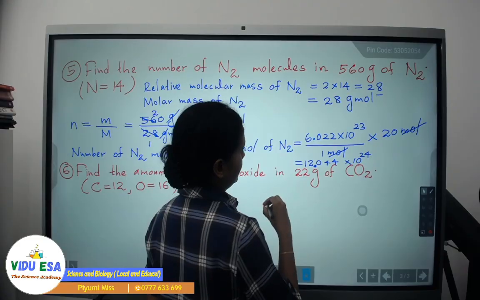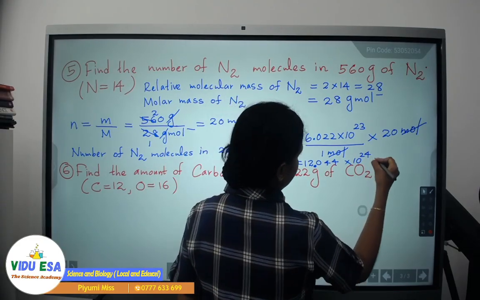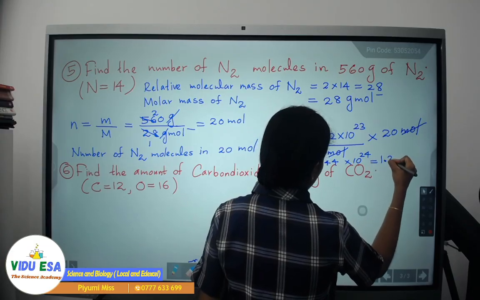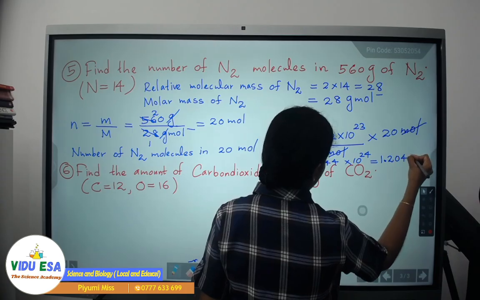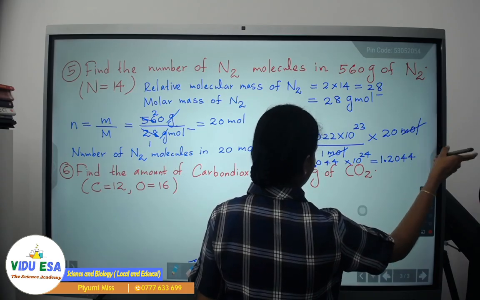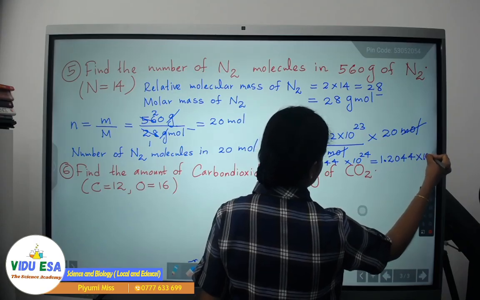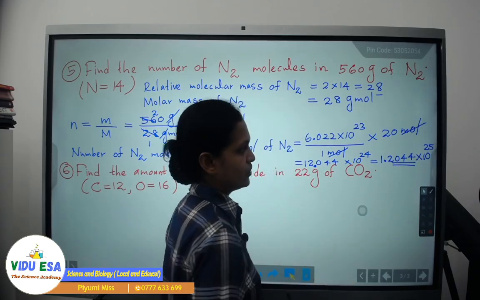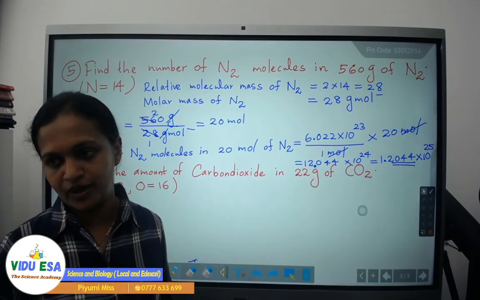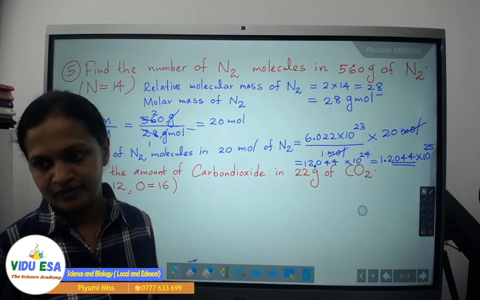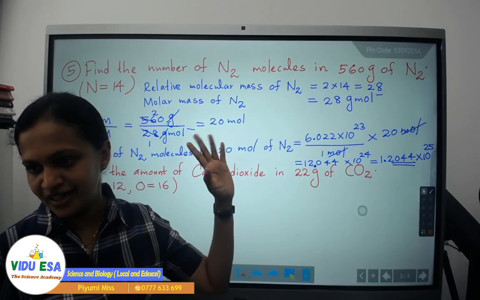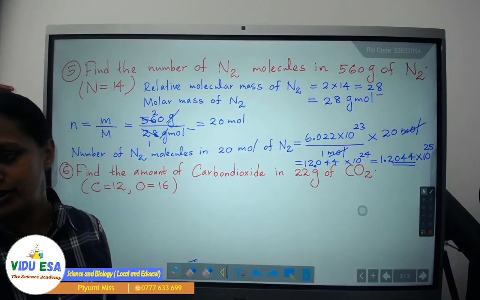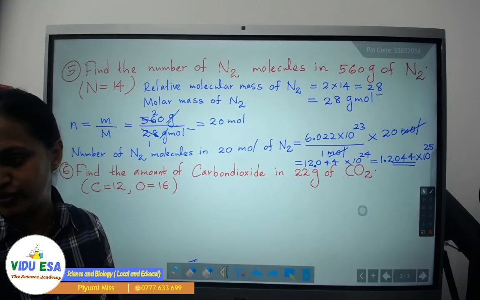Then I can rewrite this as 1.2044 into 10 to the power 24. Therefore, it is altogether 10 to the power 25. 1.2044 into 10 to the power 25. Right? So, those who came, 1.2044 into 10 to the power 25.